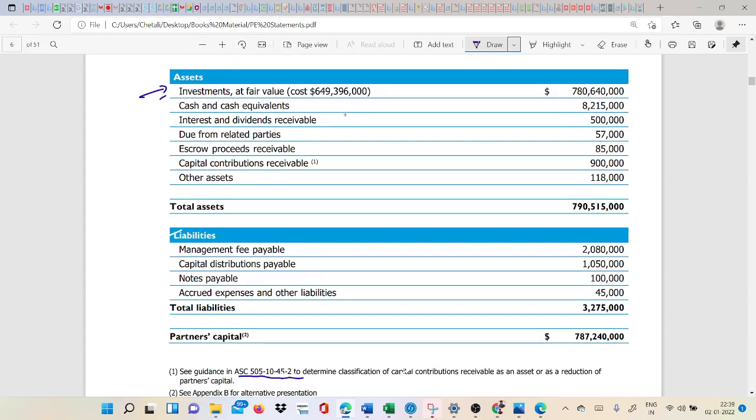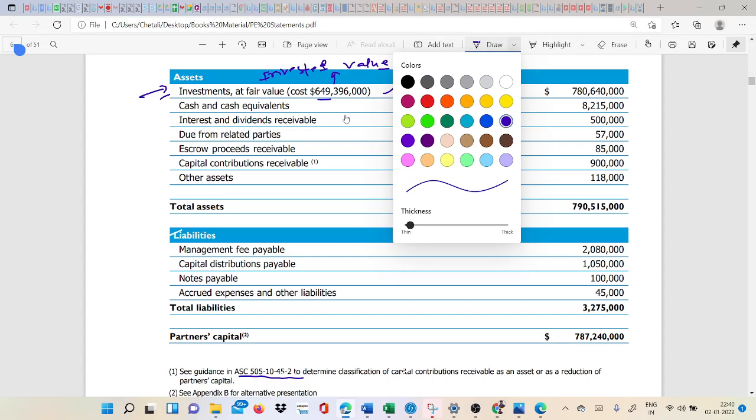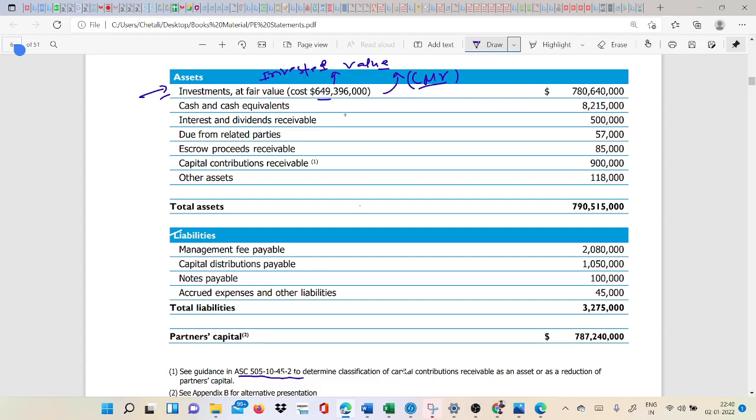Investment at fair value, you can also say current market value, and this cost, which is the value you invested. We should always know the difference between these two, because when you calculate the profit, we always calculate it as cost minus the value you receive after the sale of this particular investment.